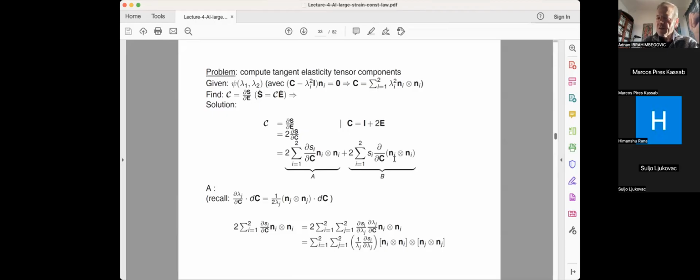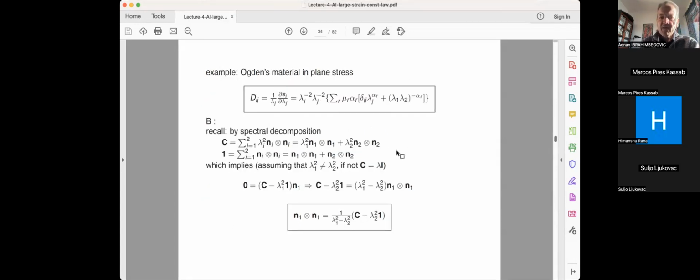But you also have these principal directions turning from one step to another. So you have to take the derivative of this principal direction Ni tensor Ni with respect to the tensor C. Basically this is just to recall what this is for the plane stress case. Here I need the turning of the principal direction. So I go back to the spectral decomposition of my C deformation tensor in terms of the principal directions.